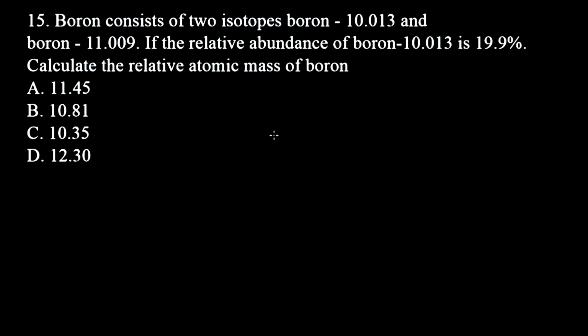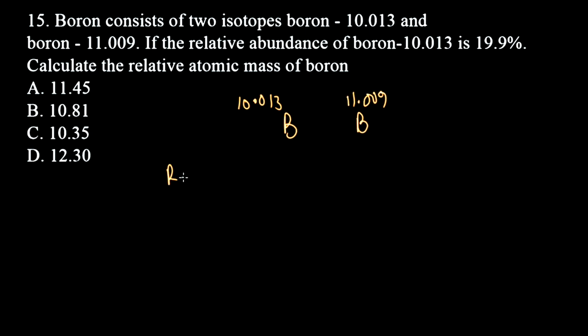Alright, so let's look at this question. So boron consists of two isotopes. So we have this isotope and this, with masses 10.013 and 11.009.